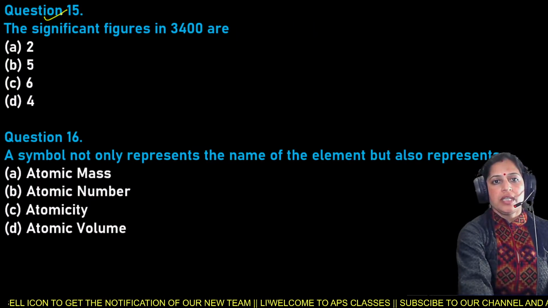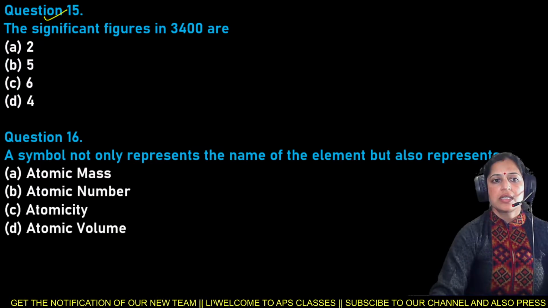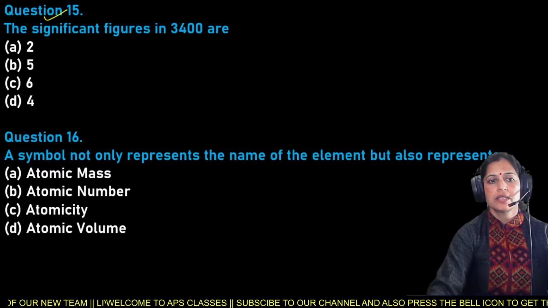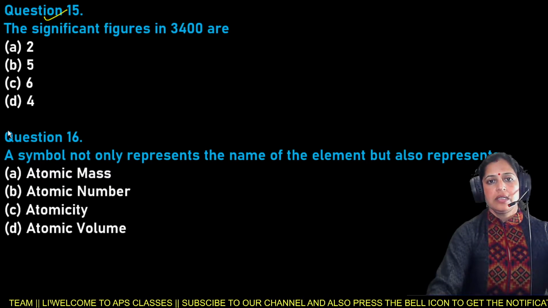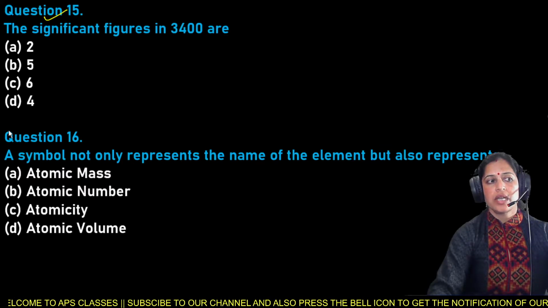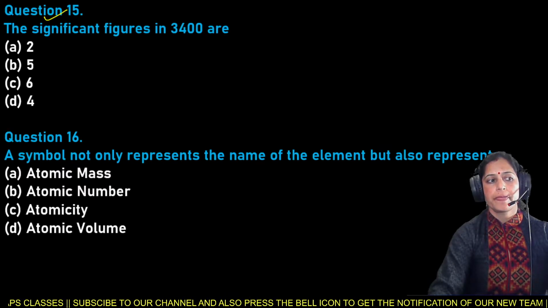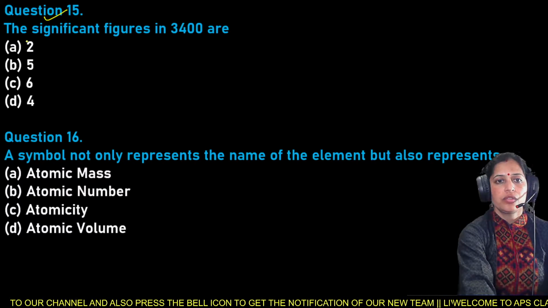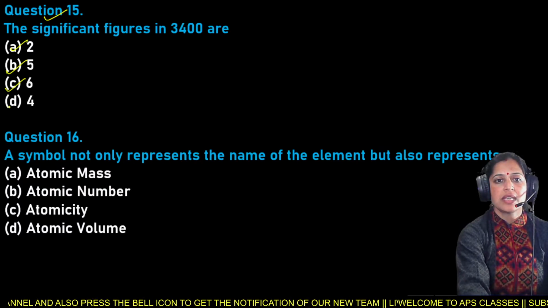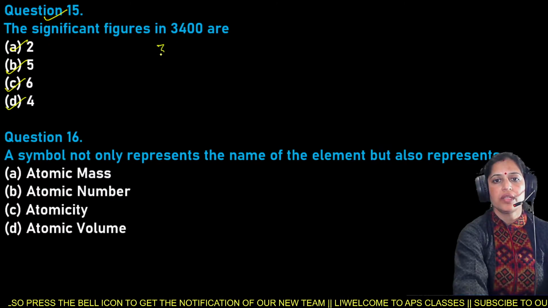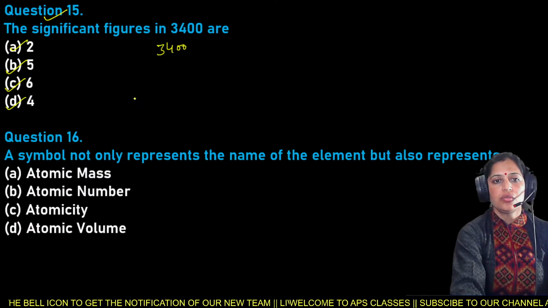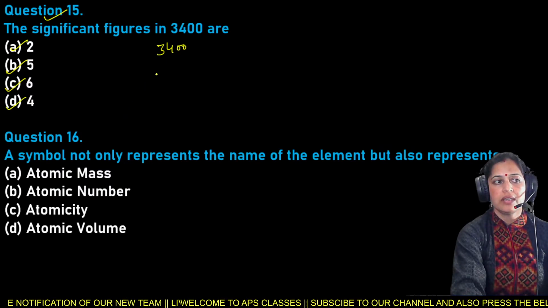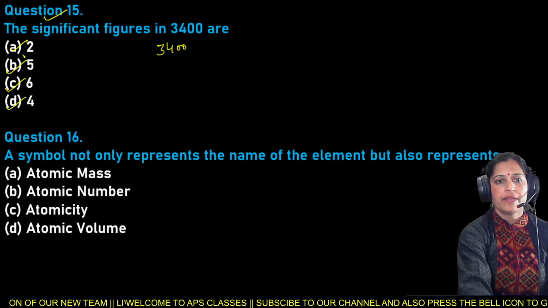Next is your question number 15. The significant figures in 3400 are. Options are 2, 5, 6, and 4. So here the significant figures are 5.